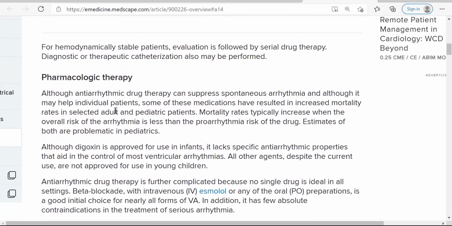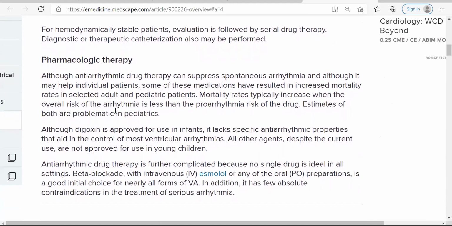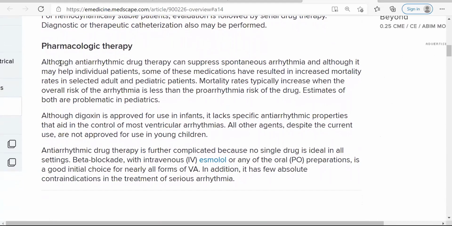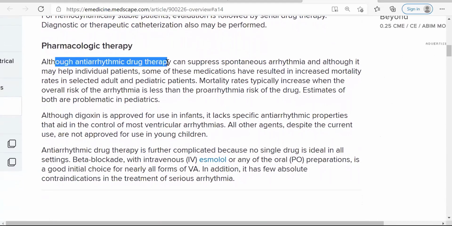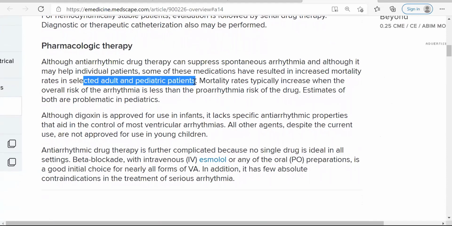Coming to the pharmacological therapy. Although antiarrhythmic drug therapy can suppress spontaneous arrhythmia and can help individual patients, some of these can increase mortality in selected adult and pediatric patients.